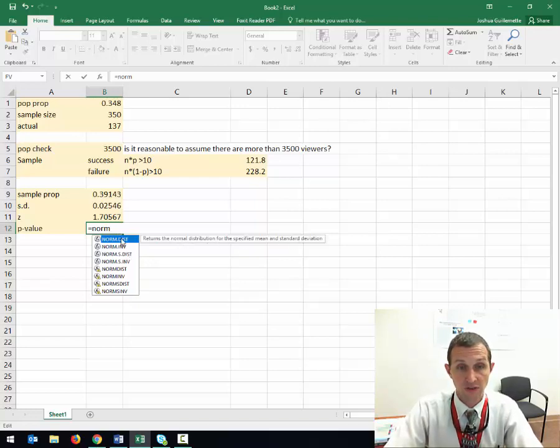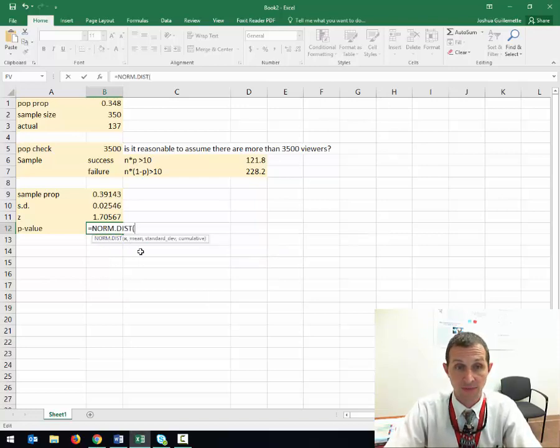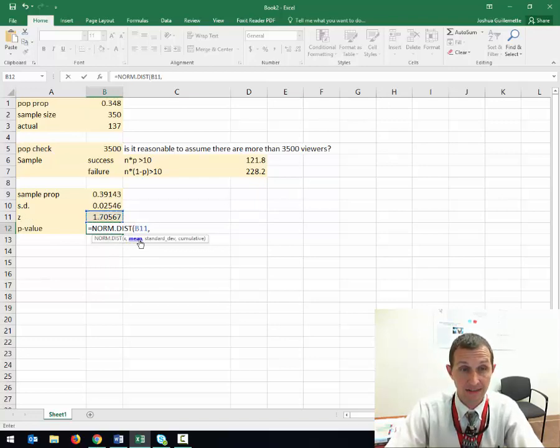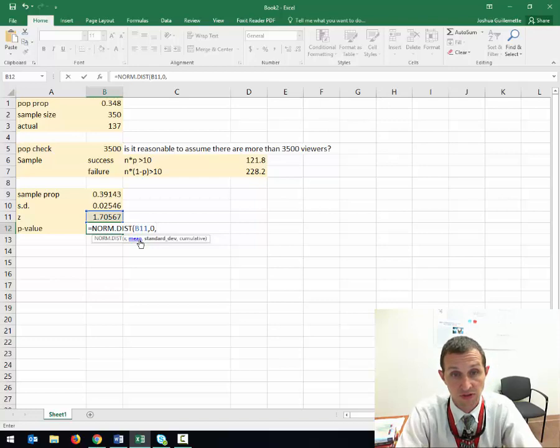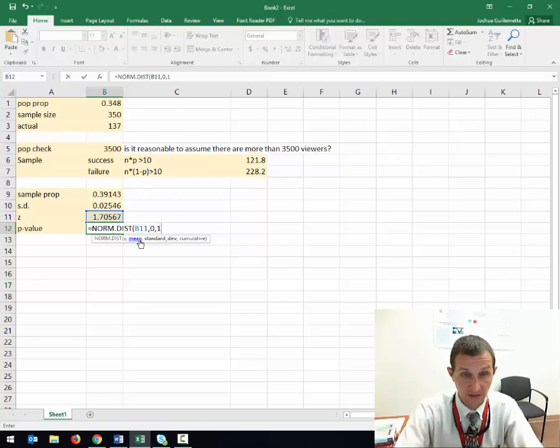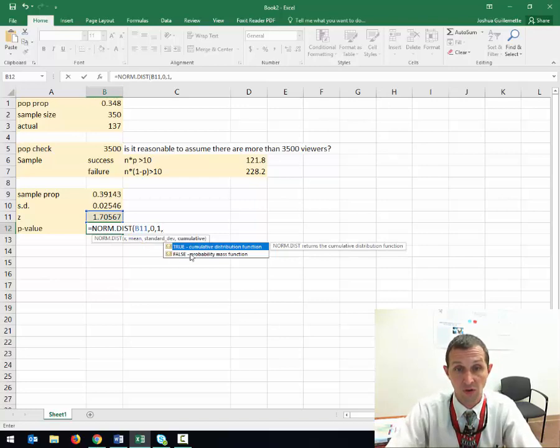You can either double click on it or you can hit tab. I typically hit tab. The X is actually your z-score, the mean is 0 because we're using the z-score and it's a standard normal distribution, and then the standard deviation is 1, and then the cumulative is always true.